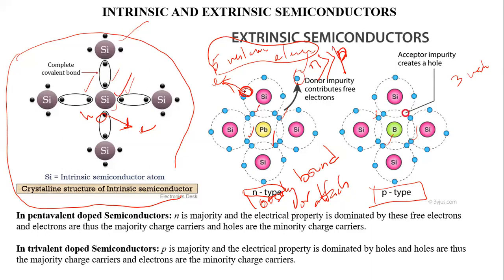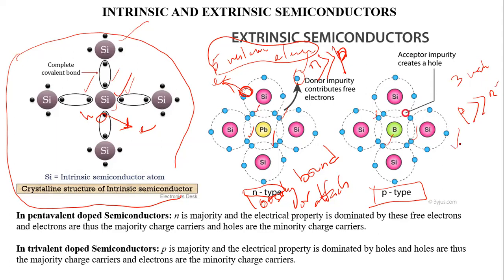And similarly, in a p-type semiconductor here, by inserting a large quantity of trivalent atoms, we can create a large quantity of holes. So if p represents the number density of holes, the number density of free electrons, n, is much lesser than the number density of holes here in a p-type semiconductor.